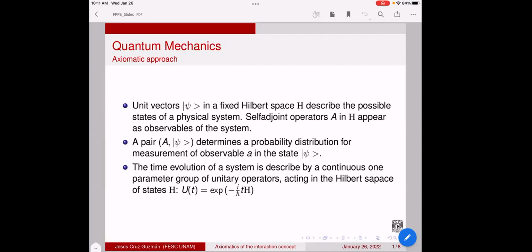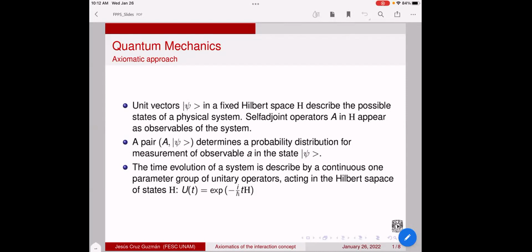But I think that this is a new theory, and then we should not expect to only extend classical mechanics or classical physics to understand all of these phenomena.